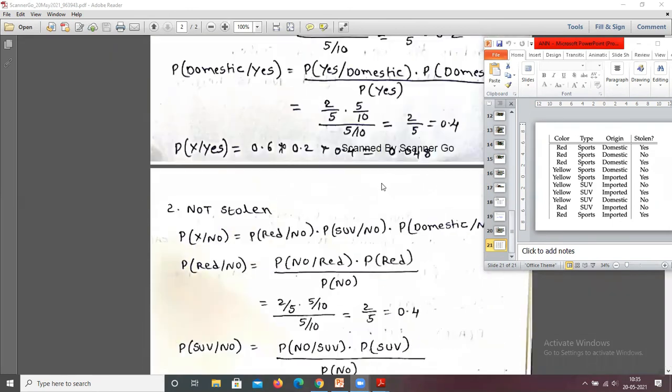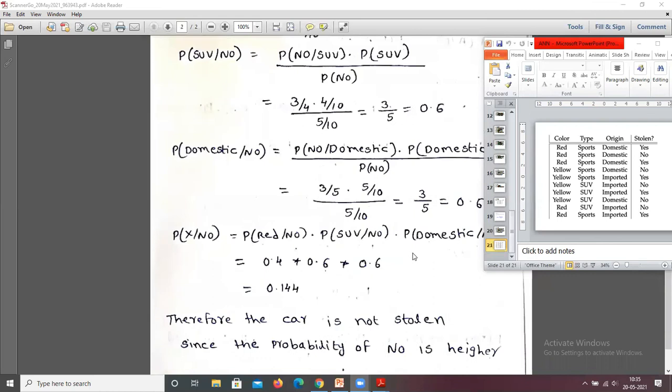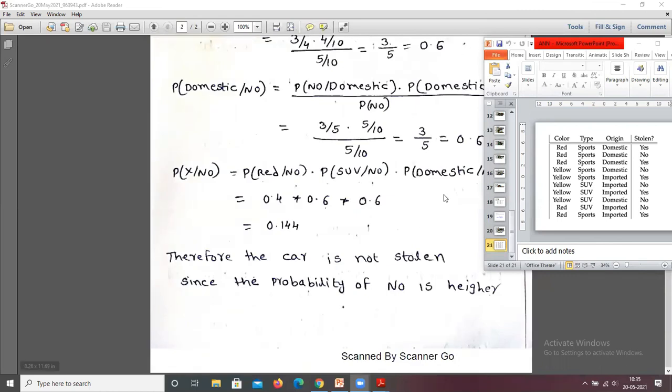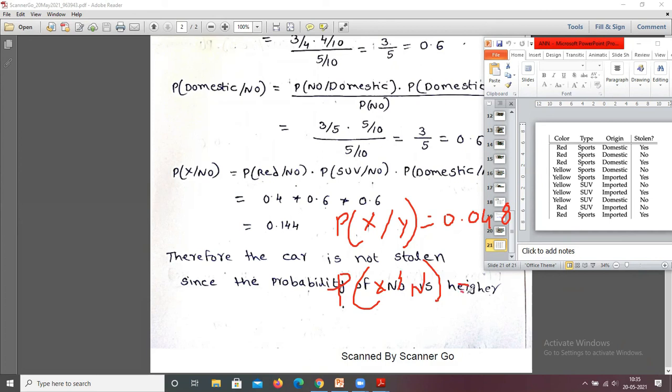Now, what is the probability of X given S? It is 0.048. And the probability of X given no equals 0.144.